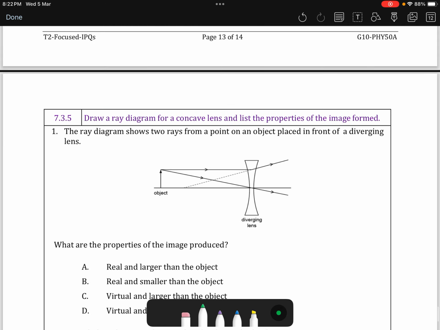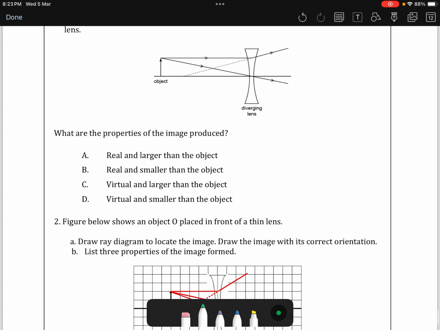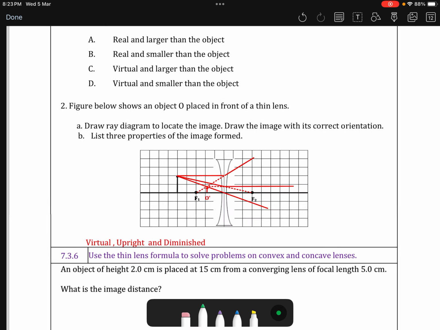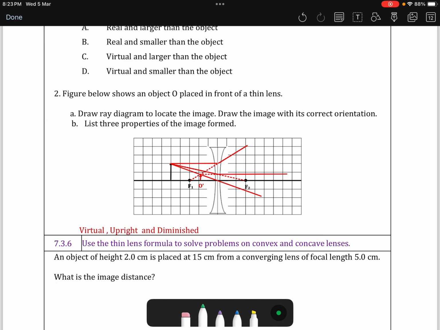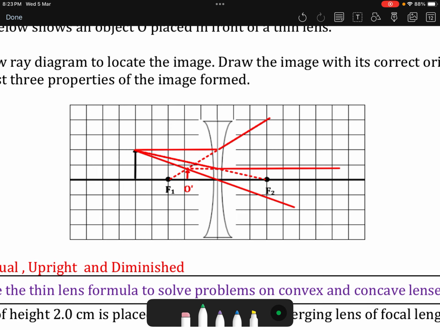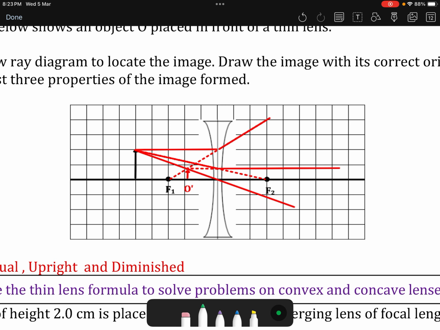Okay, now I will answer this question, but first let's look at this drawing. We have the convex lens, let's look at it. This is the object.